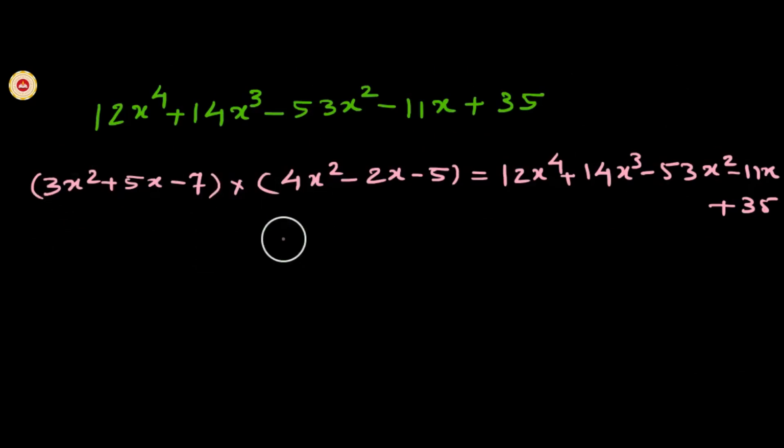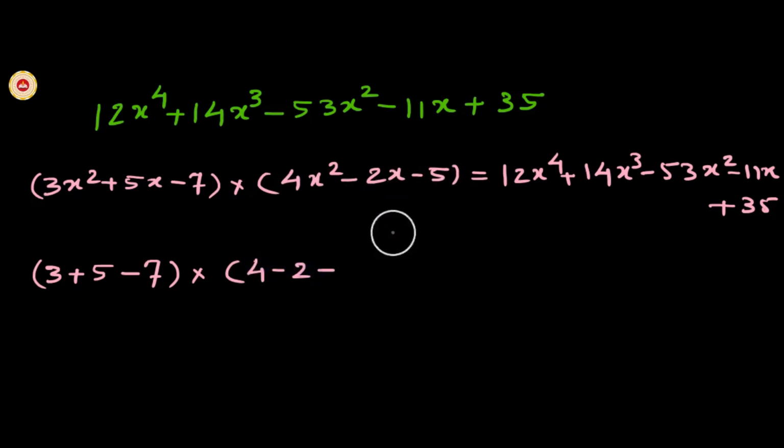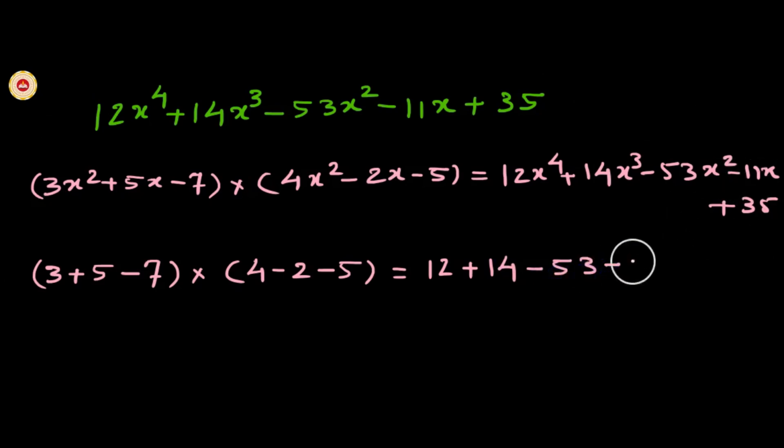Okay. Now calculate the Bijanka. Coefficient of x squared 3, plus coefficient of x 5, minus constant term 7, multiplied by coefficient of x squared 4, minus coefficient 2, minus constant term 5, is equal to coefficient of x to the power 4, 12, plus coefficient 14, minus coefficient 53, minus coefficient 11, plus constant term 35.